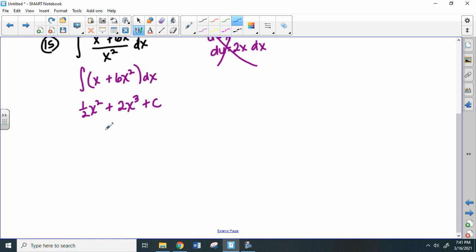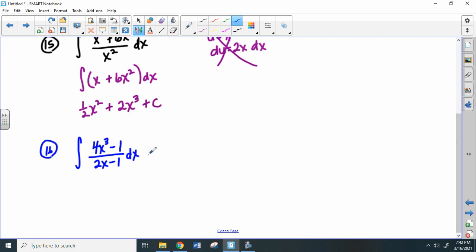Number 16. Let's take a look at the integral of (4x to the 3rd minus 1) over (2x minus 1). In this problem, if you're thinking U substitution, perhaps you remember that the bottom, and I need my dx, the bottom can't be du.